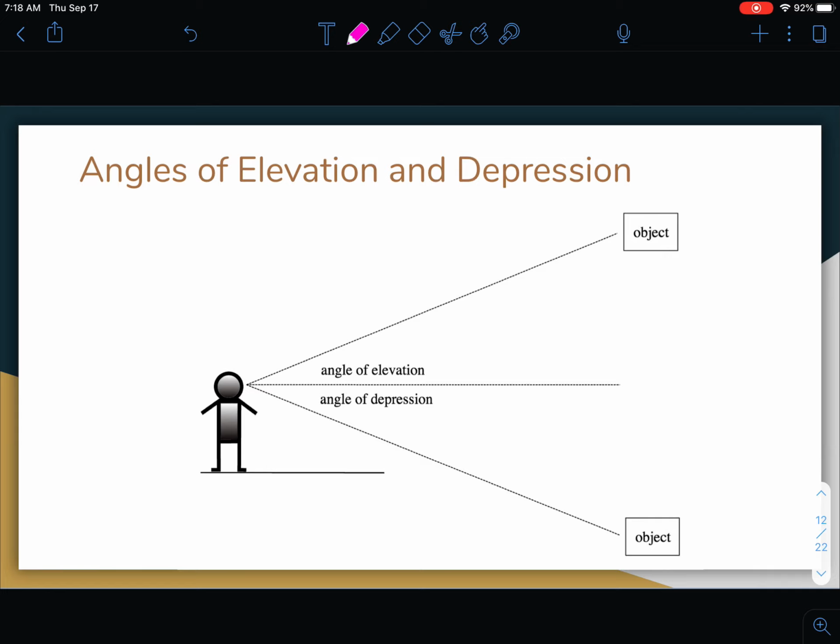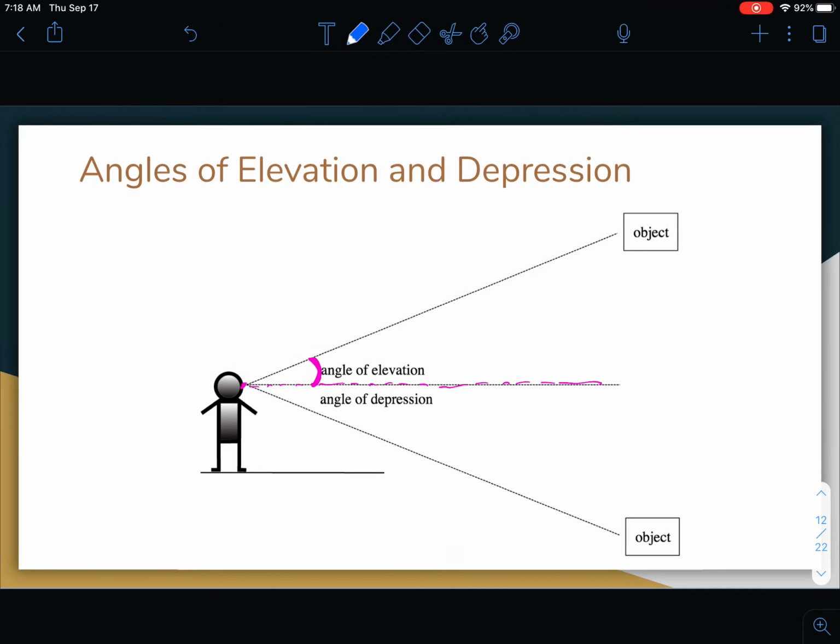Okay, so a couple of things you need to know before we begin is angle of elevation and angle of depression. So this guy's little eyeball is right here, and he is looking straight out. If we're talking about an angle of elevation, from our horizontal line up, that is our angle of elevation.